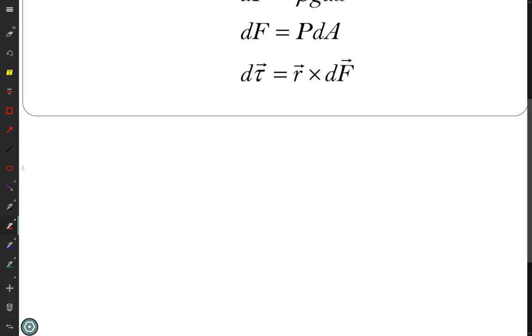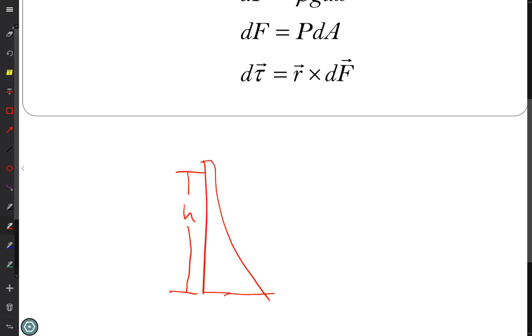So I have a dam. It has some depth, and I'm going to use capital, well, D is a poor variable to use when you're doing calculus, isn't it? So I will use H for the depth. And I'm going to set my coordinate system, actually, let's not even worry about that direction.